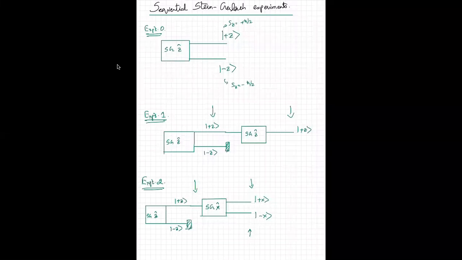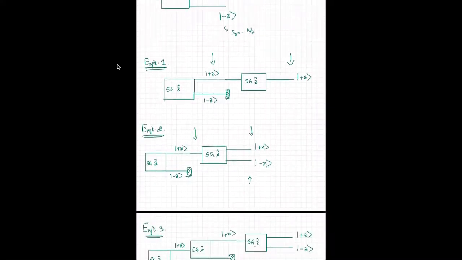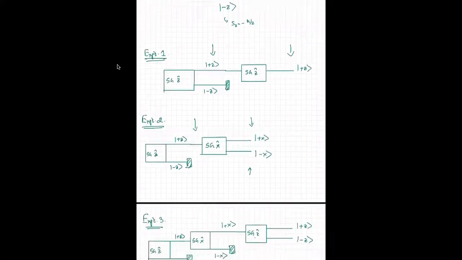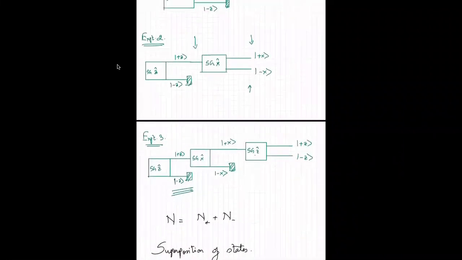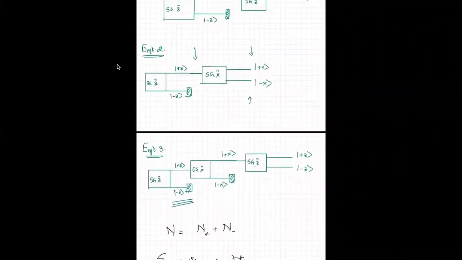And if you measure the same operator again, you are guaranteed to get the exact same result as before. So as per postulate 3, the result of experiment 1 is clear: you get the exact same eigenvalue and the exact same state as before. Please stop me if there are any questions at any stage, because the experiments keep getting more complicated. So this is experiment number 1.